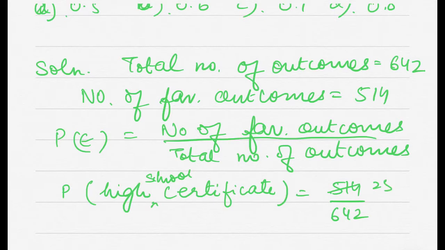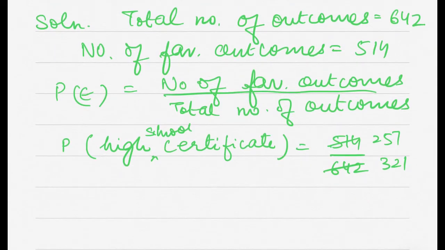Okay, so I have to reduce this. Both are divisible by 2, giving 257 by 321. I don't see any other common number, so I can just divide 257 by 321.